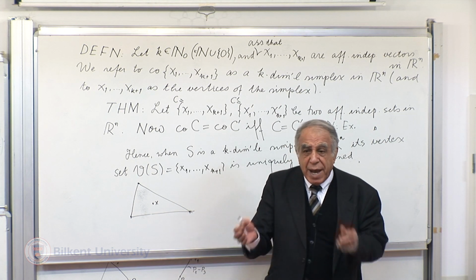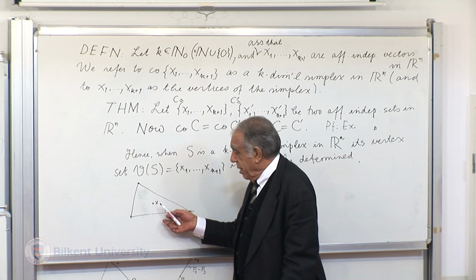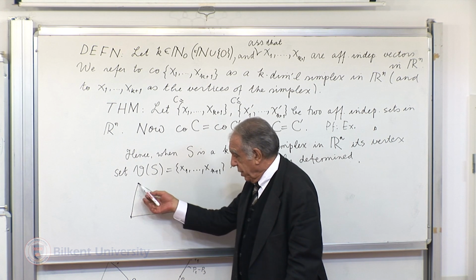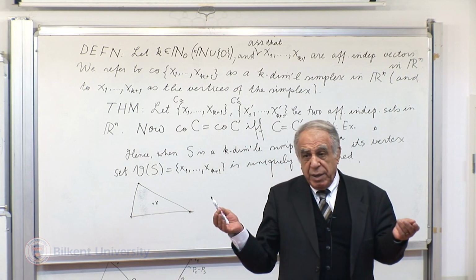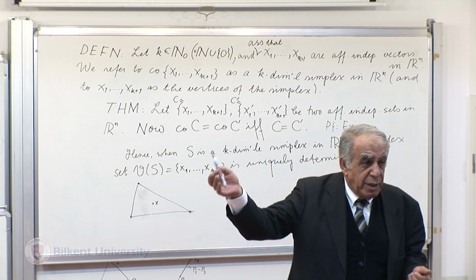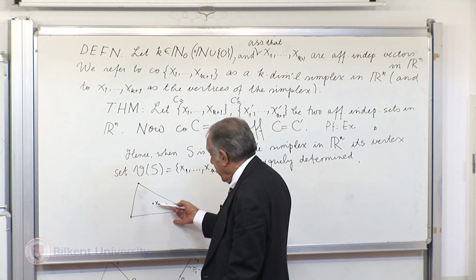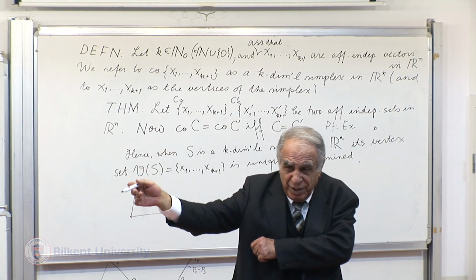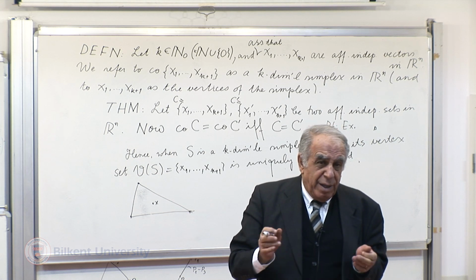But for that to make sense, the convex combination of these three vertices which is equal to x has to be unique. If it were not unique, well, one convex combination of this is equal to x, but if there existed another convex combination, then we would be in trouble.